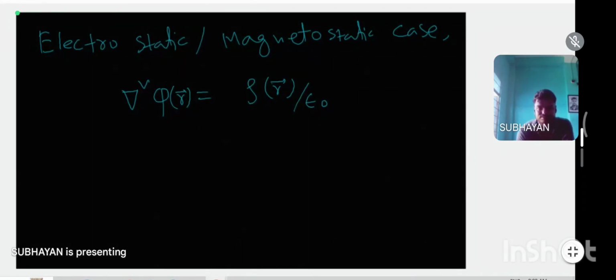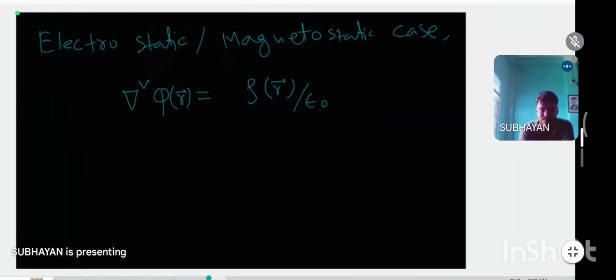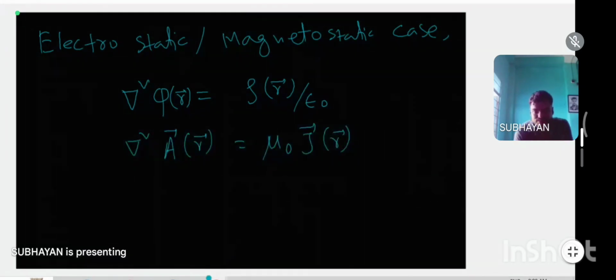Similarly, for the magnetostatic case, if A is not a function of t, is static with time, then you can write grad square of A is equal to minus mu naught J. At first, we shall highlight the solution for phi and A. That means for the electrostatic case, we have to find the solution of these equations.